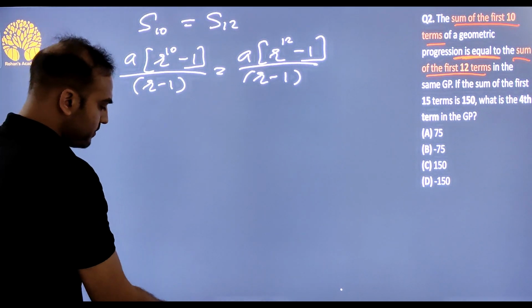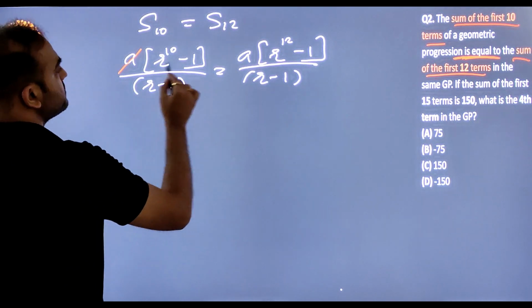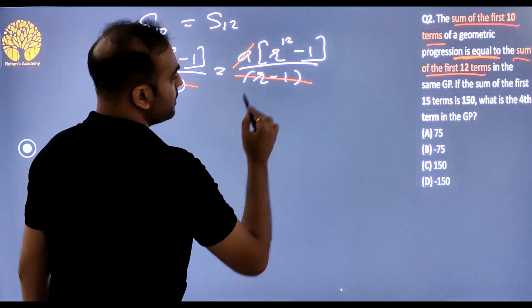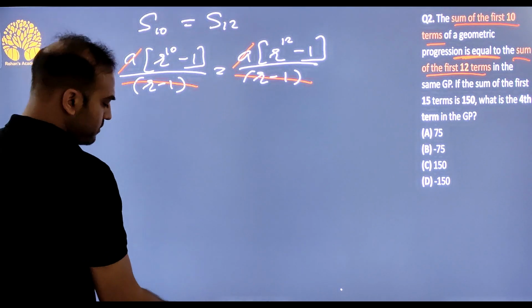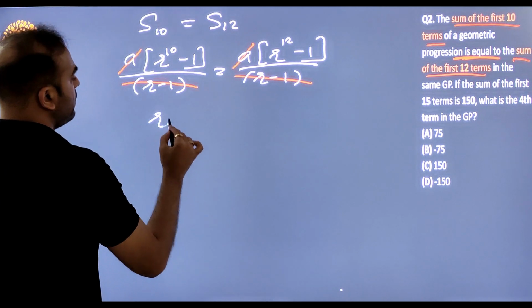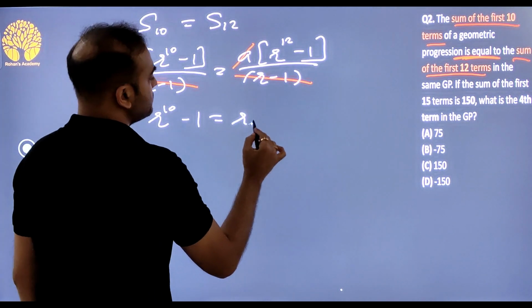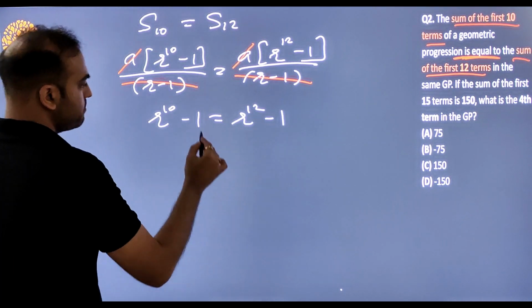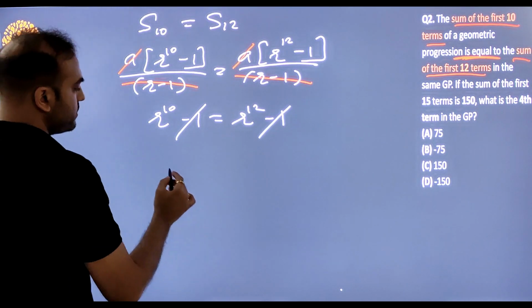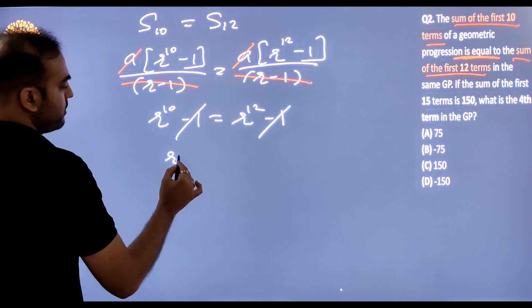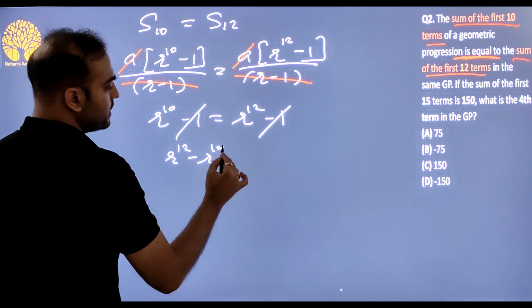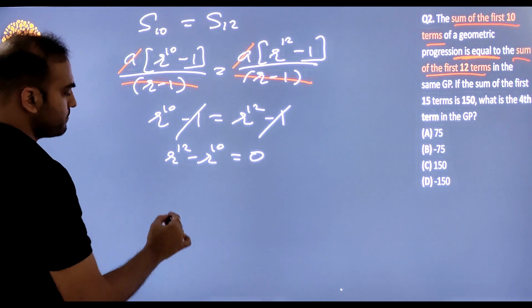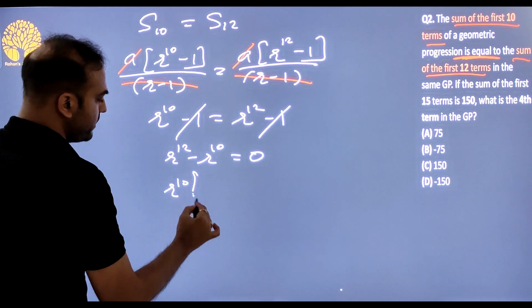We simplify this, A and A cancel out, R minus 1 cancels out. We get R power 10 minus 1 is R power 12 minus 1. Minus 1 also cancels out. R power 12 minus R power 10 is 0. R power 10 common.